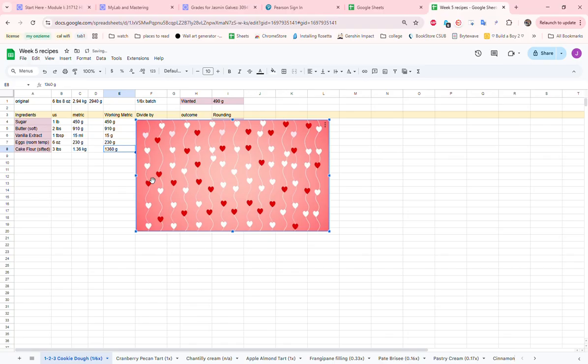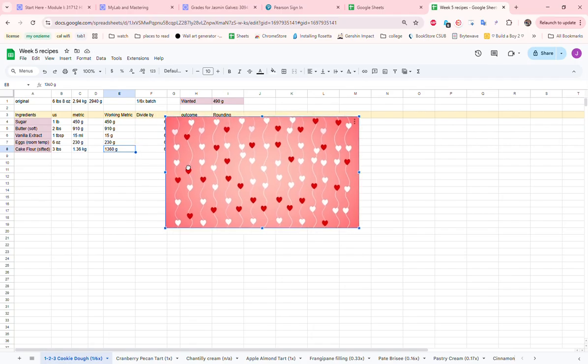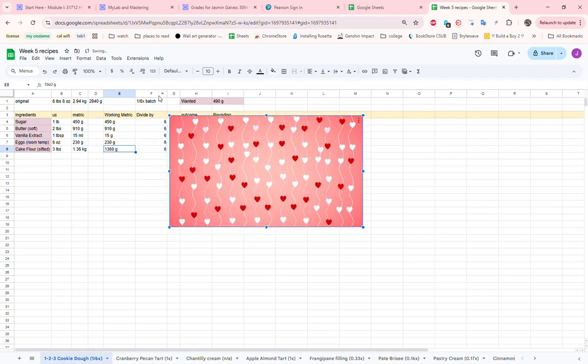For this example, because we're given a fraction, we're going to choose divide by, and the number I chose to divide by was 6. You can tell that because inside the original fraction that we're given, the batch number is 1/6. So we're going to divide everything by the denominator, which is the bottom number of the fraction, which is 6.